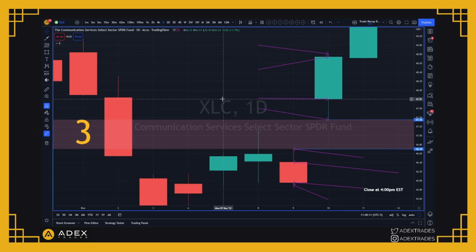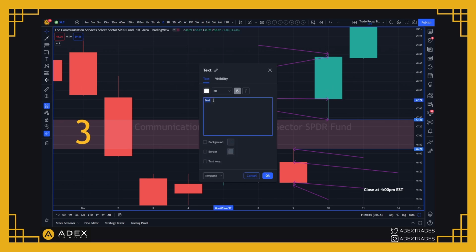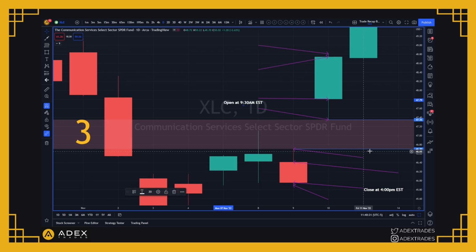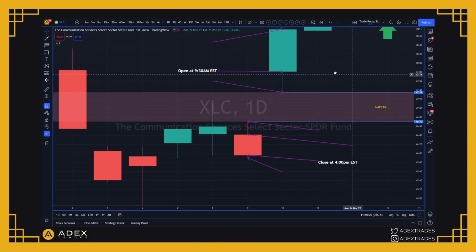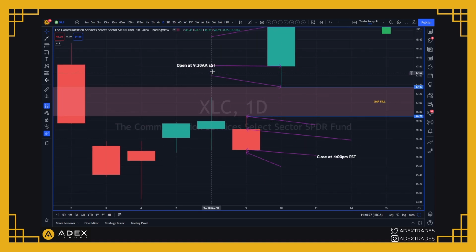So I'm going to mark the open. Okay, so this is referring to the open at 9:30 a.m. Eastern time, and this is referring to the close at 4 p.m. Eastern time.